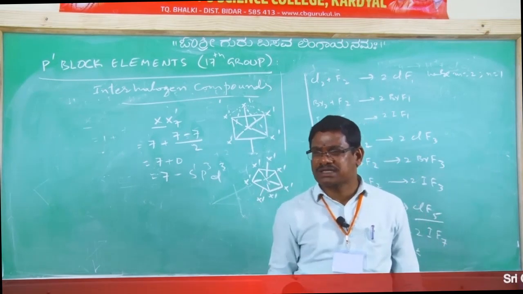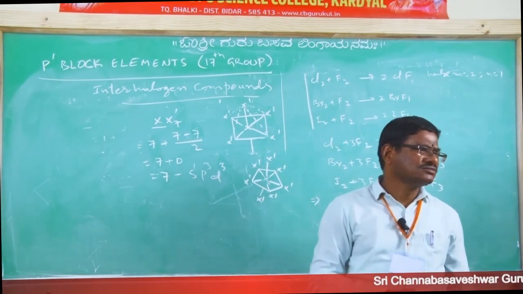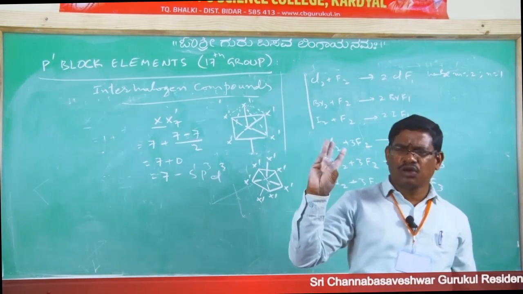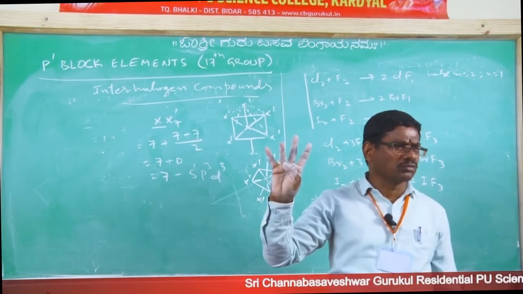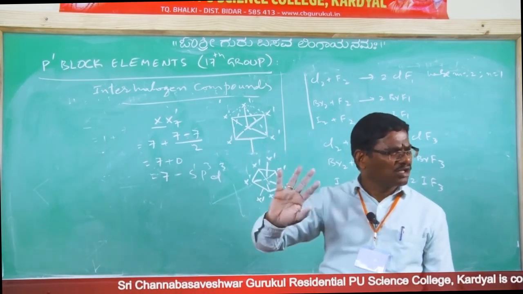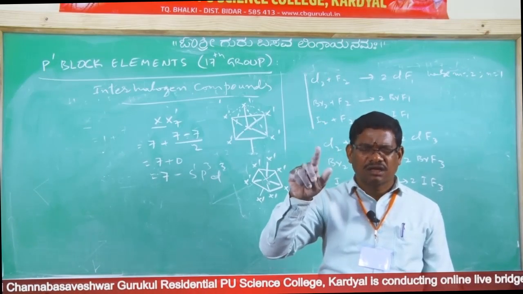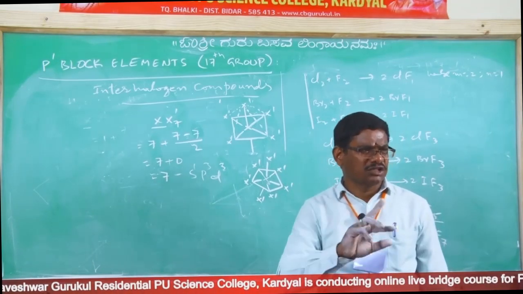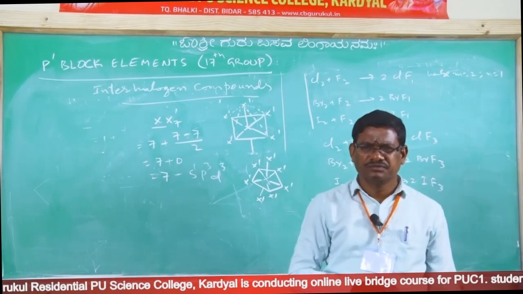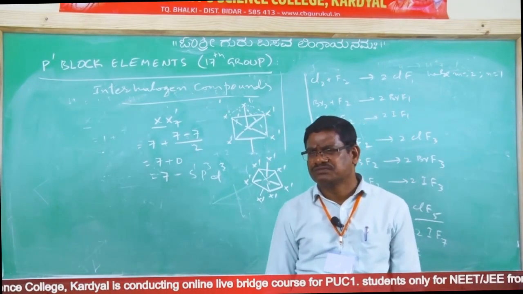Then next, oxo acids, 4 kinds: HXO, HXO2, HXO3, HXO4. Actually in your syllabus preparation and properties are also not there, just geometry. Then the pi bonds, in what way are there: p pi, p pi, p pi, d pi and sigma, and then interhalogen compounds. Clear na?